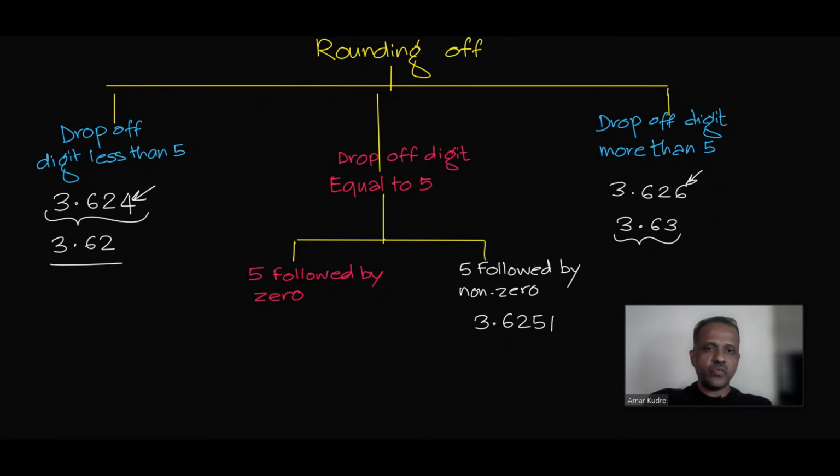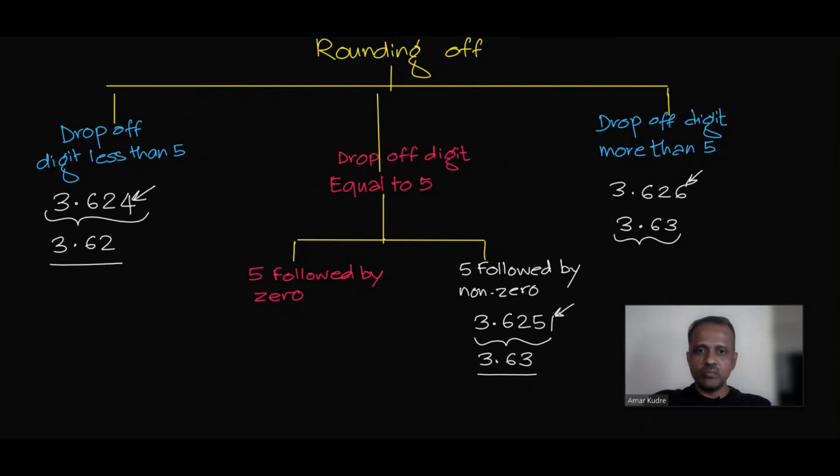Since 5 is followed by a non-zero digit, remember and listen carefully, the digit preceding 5 is to be increased by 1. So the answer would be 3.63 if we round off to 2 decimal places.